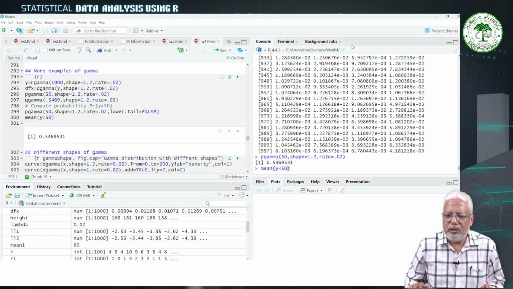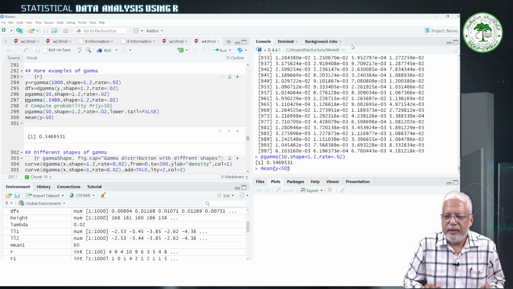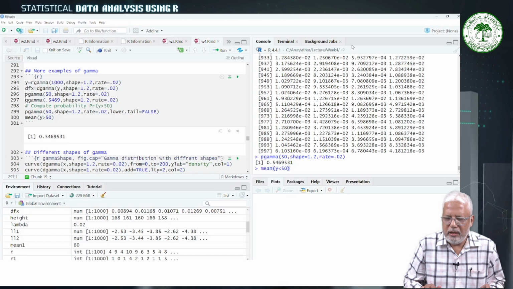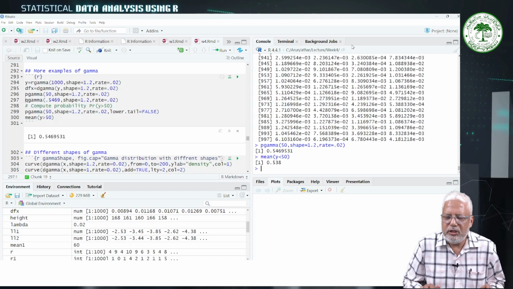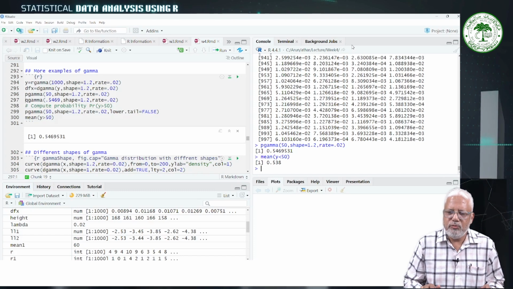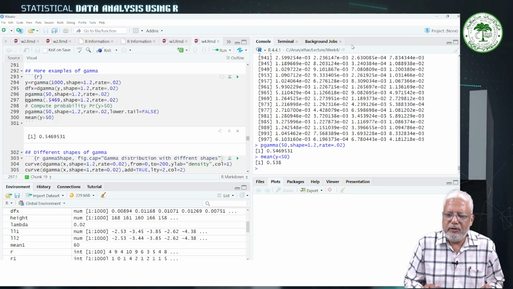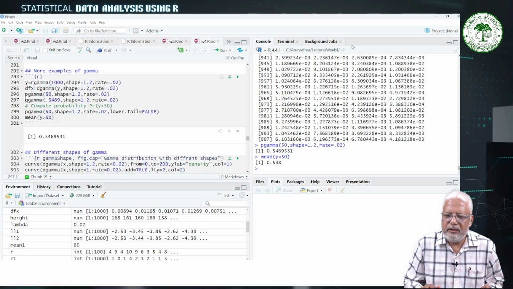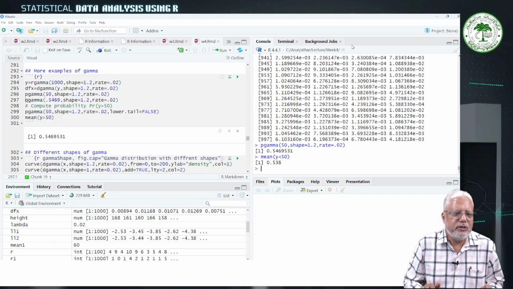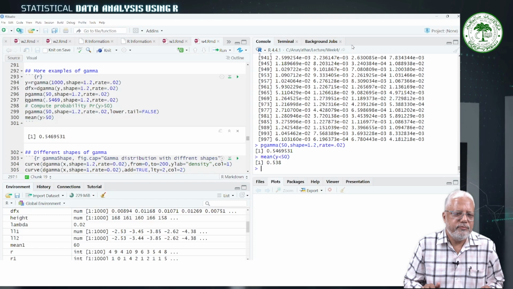So, this will compute the probability, the parallel on the basis of simulated data. It is 0.538 on the basis of simulation. We are getting probability 0.538, whereas the exact probability is pgamma, 0.5469. So, they are very close, that means our simulation is correct. Our simulation is correct.